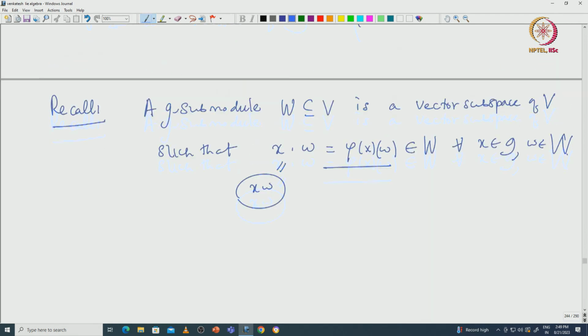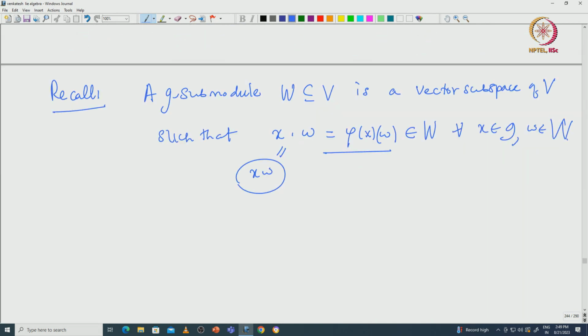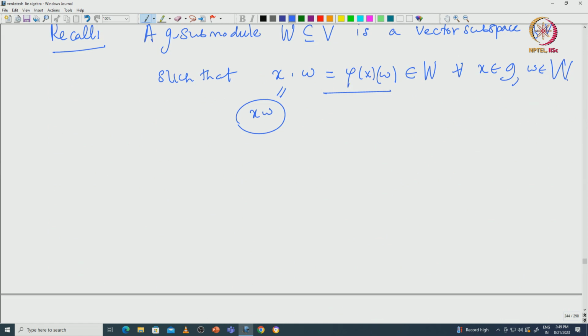Now what is a factor module? Suppose we have this submodule W. Then we can take this quotient, which is V modulo W. This is a quotient space, clearly a vector space over complex numbers.